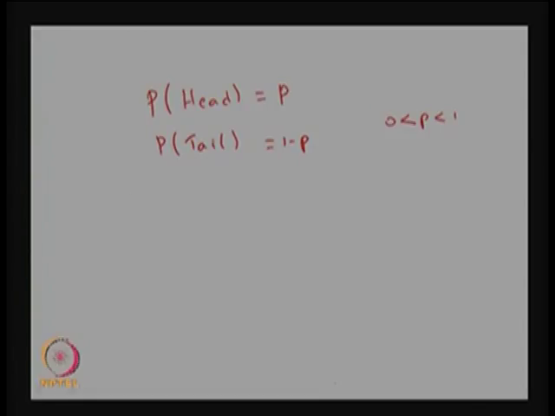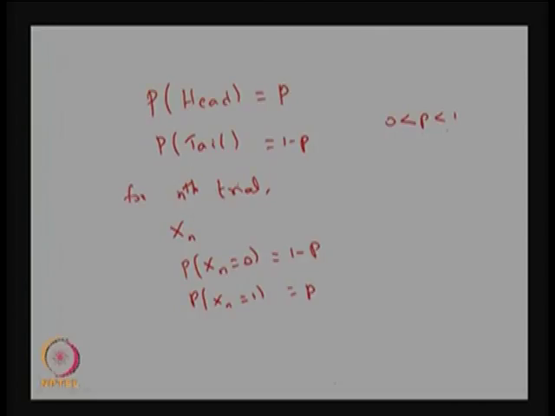Denote for the nth trial, because you are tossing a coin infinitely many times, the random variable Xn, whose values are 0 or 1. The probability that Xn takes the value 0, that is the same as getting a tail in the nth trial, is 1 minus p, and the probability that Xn takes the value 1, for the head appearing, is p, where p lies between 0 and 1.